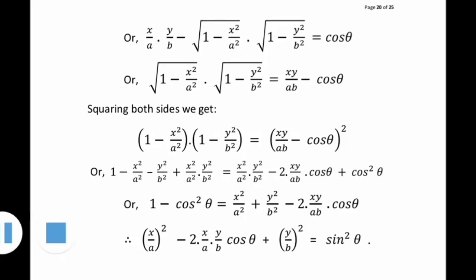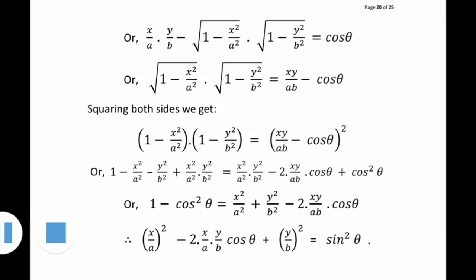So in the left hand side, if we perform the multiplication, we get 1 minus x square by a square minus y square by b square plus x square by a square into y square by b square. So in the right hand side, that is the whole square, that is x square by a square into y square by b square minus 2 into xy by ab into cos theta plus cos square theta.